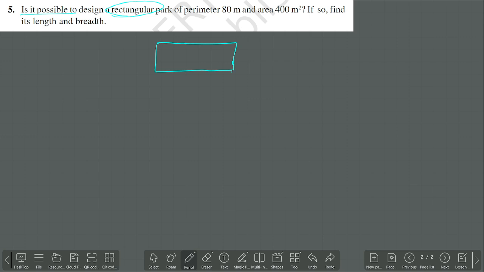If I take a rectangle ABCD, and the length I assume as x and the breadth as y, then opposite sides are also x and y. What about the perimeter?